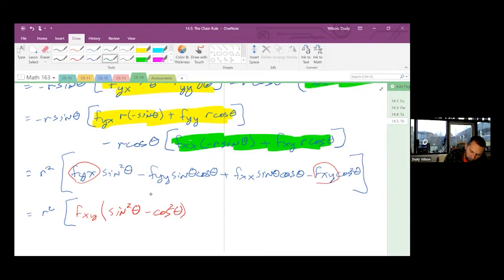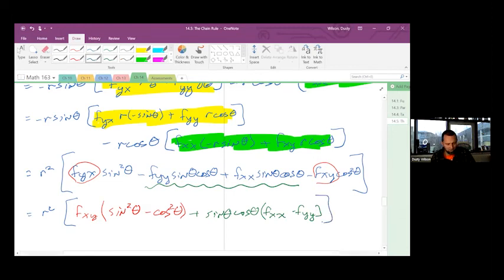And then if we focus on the remaining terms, we'll notice there's a sine cosine in common. So I have plus sine theta cosine theta times fxx minus fyy.